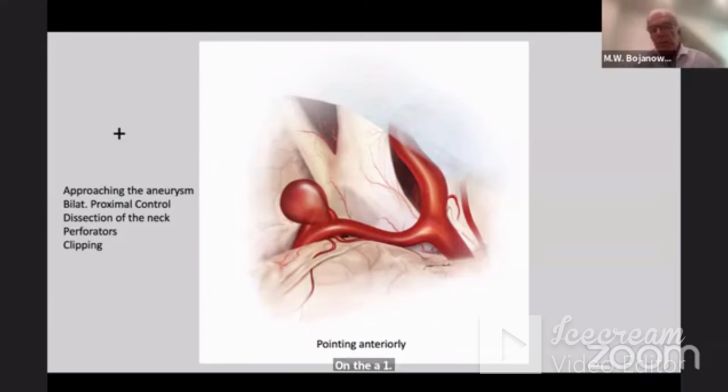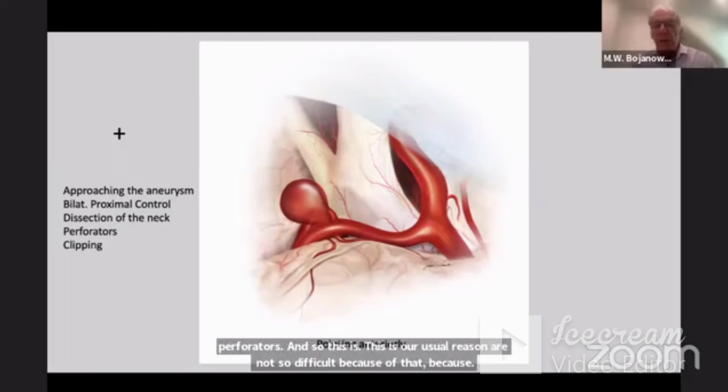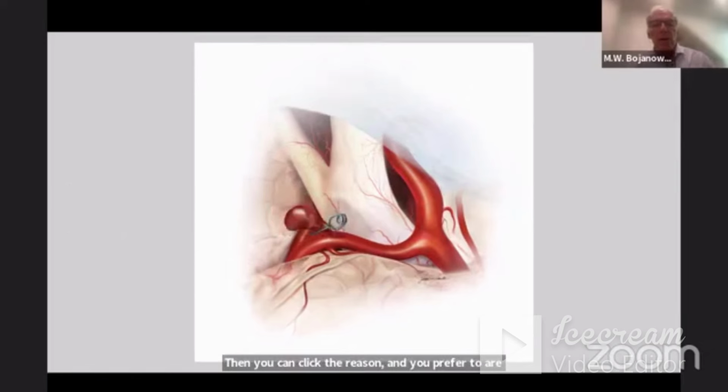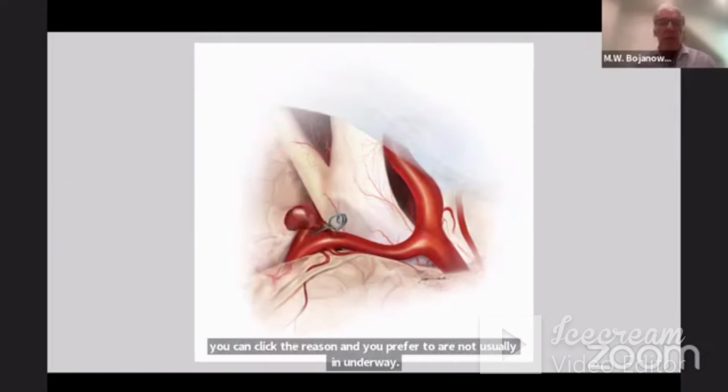Regarding the perforators, they are on the opposite side, so you are not much concerned about them. And so these aneurysms are not so difficult, because you can clip the aneurysm and the perforators are not usually in the way. And this is the example after clipping.